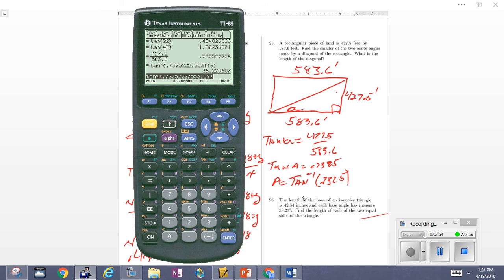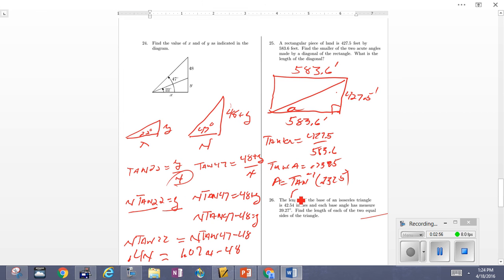So that is the smaller of the two, obviously. A is equal to 36, and so we certainly know the other one, which is 54. So this is 36. This is 54.